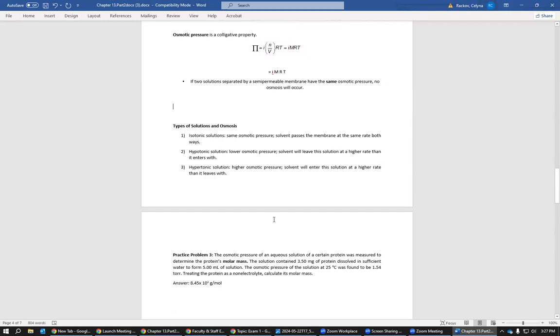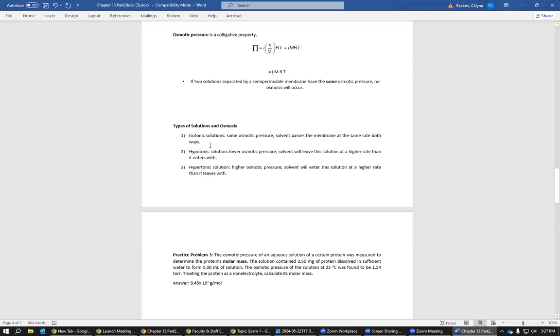So, types of solutions in osmosis. Isotonic solutions: iso means the same, right? That means isotonic solutions have the same osmotic pressure, and solvent passes the membrane at the same rate both ways.